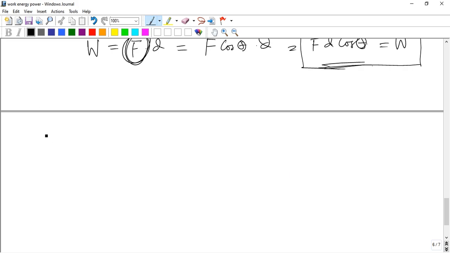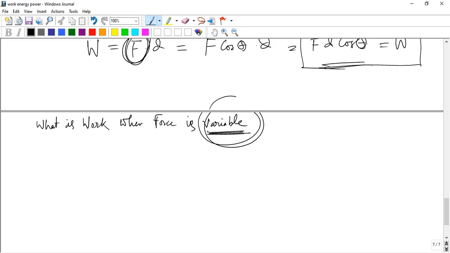What is work done when force is variable? What does variable mean? It varies with time. Force changes with time.